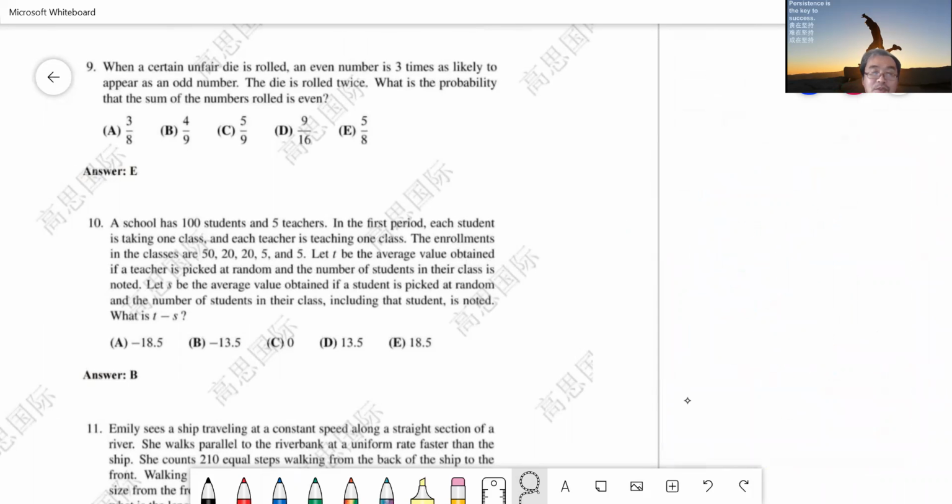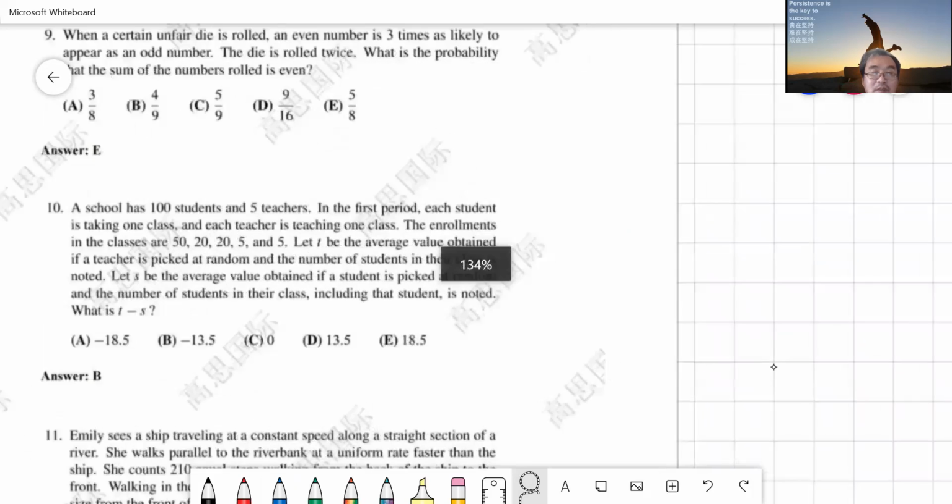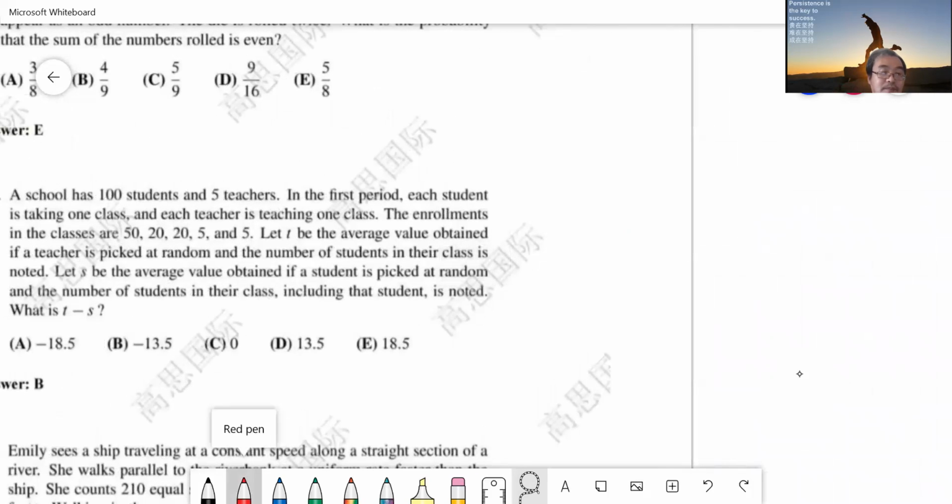So let's look at this from the teacher side. We're going to find T. You can think of the teacher choosing a class. It can be class 1, 2, 3, 4, or 5, so he has 5 classes to pick, randomly picking one. That means the probability for each class is 1/5.